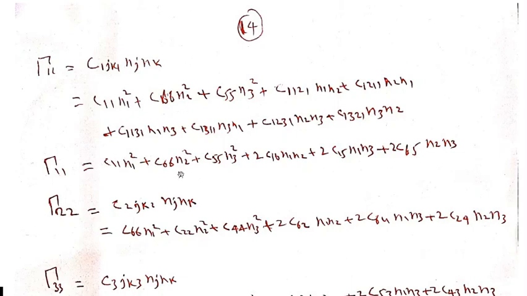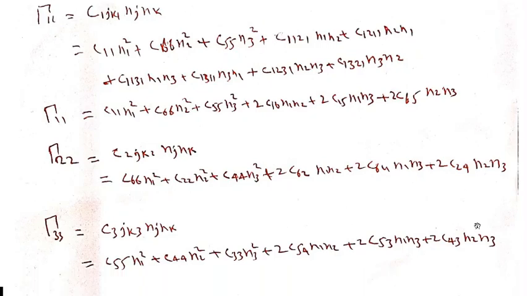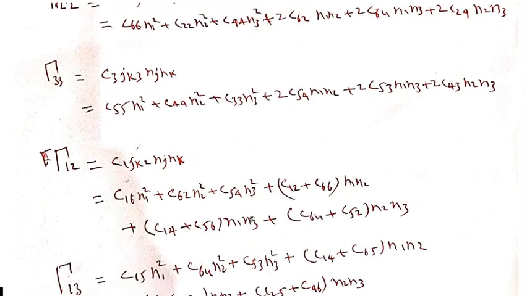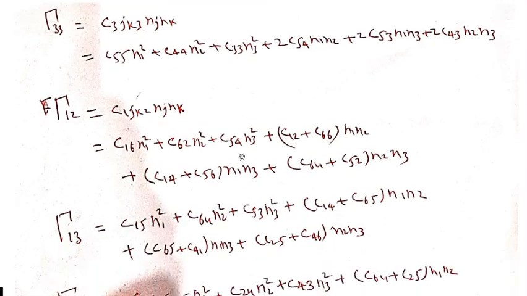C 1 1 n1 square, C 6 6, C 5 5, 2 times and 2 times. Again gamma 2 2, we will have this type of result, gamma 3 3, and this would be gamma 1 2. This is gamma 1 2. So no need to find gamma 2 1, because we know that this is symmetric.